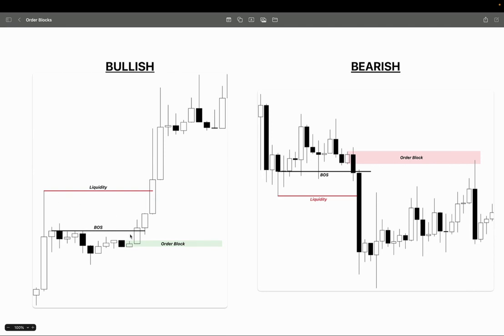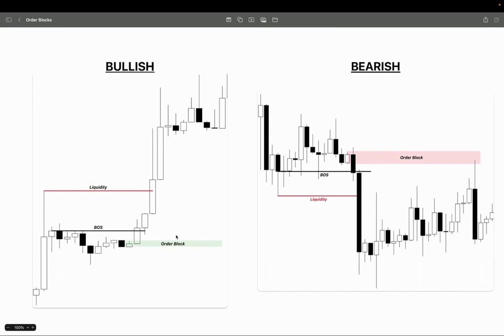So, you want to view both, have them both marked, but understand that to actually confirm an order block, you must see a break of structure, BOS. So, the bullish order block produces a break of structure. That then leads to a break above liquidity. And the order block itself is a level that, if revisited, you should expect to see a reaction on that same time frame. That's simple. That's all it is. And that's how they work.